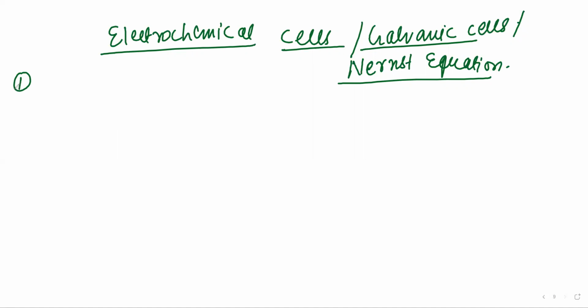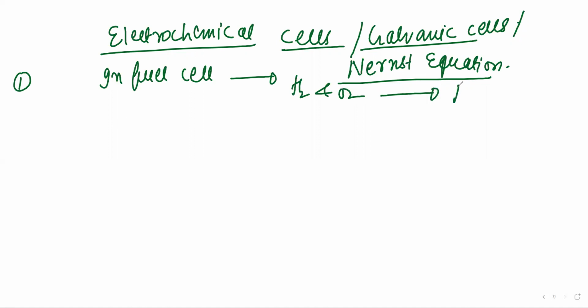In a typical fuel cell, the reactants and products are. So it is directly based on the hydrogen fuel cell. I will explain: a fuel cell is nothing but the combination of hydrogen and oxygen to form water, right?